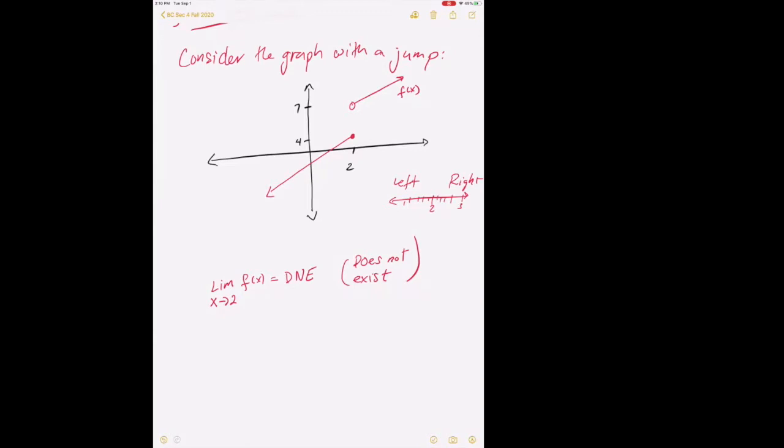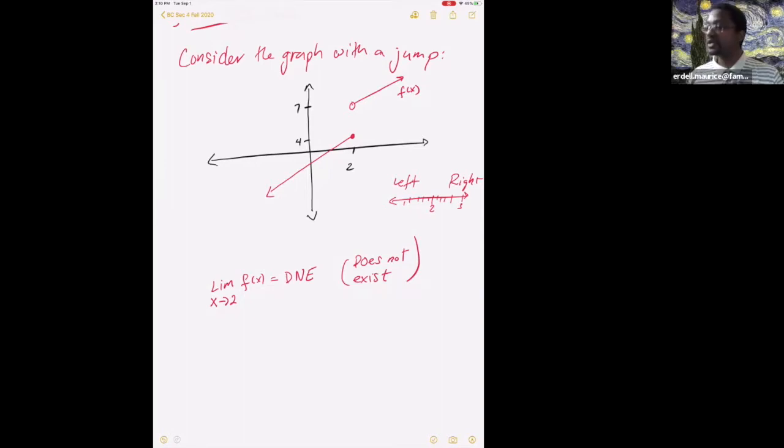Okay. So for this graph right here, if I start out on the left side and I pick numbers that are close to 2, so if I pick a number here, and I plug that in, that will take me to, let's switch colors. If I plug this number in right here, and I plug it into the graph, the resulting y value will be right here, correct? Over on the y-axis. If I plug the number that is closer to 2 right here, the corresponding y value will be over here.